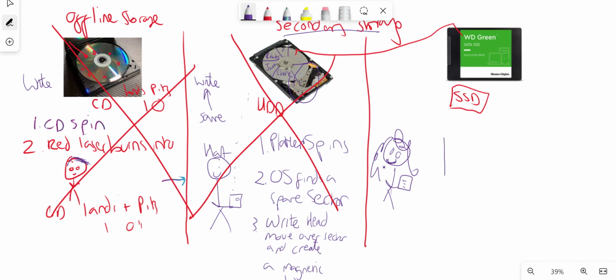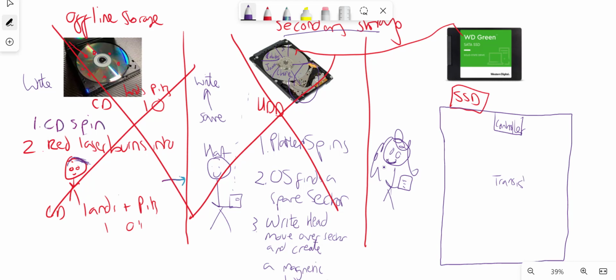These are the steps. Inside this SSD, it looks like this. We have a controller. We have a transistor. And we have these like prison cells.